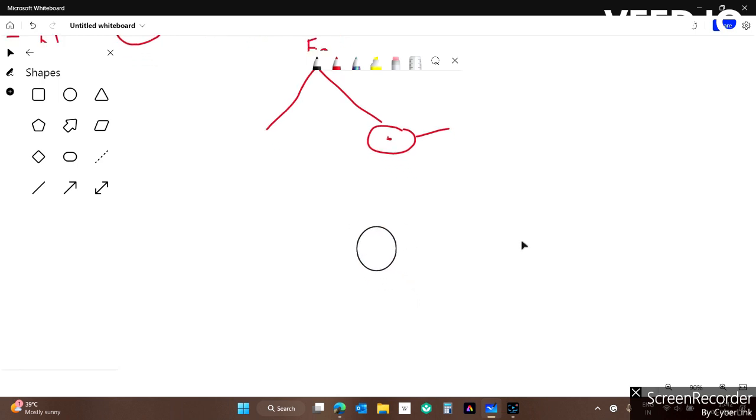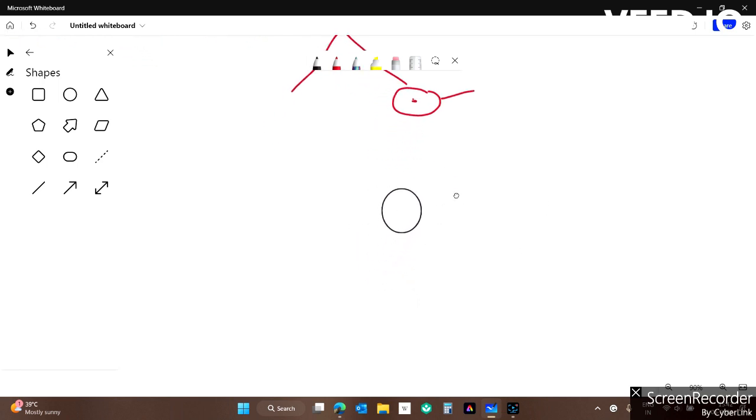If this is the event horizon, and the black hole is spinning, let's say in this direction for simplicity, the black hole spin is so fast and its gravitational pull is so huge that the space time surrounding the black hole also gets dragged around it.